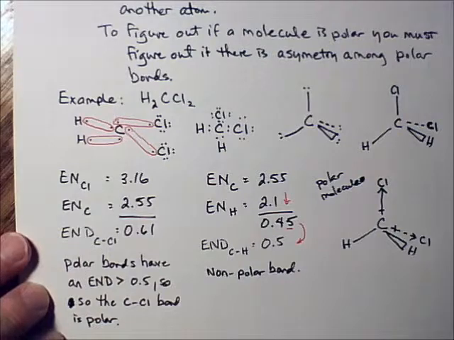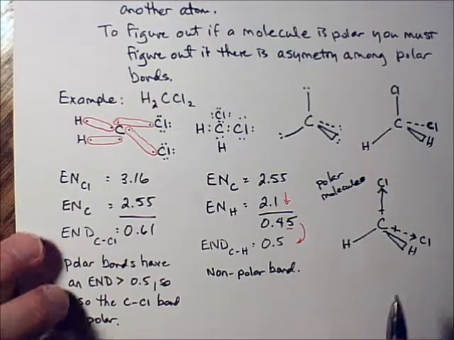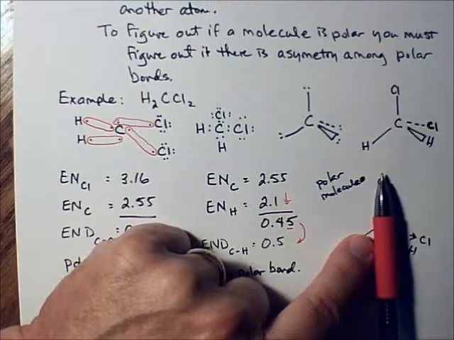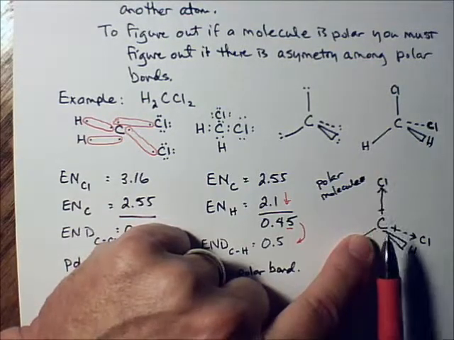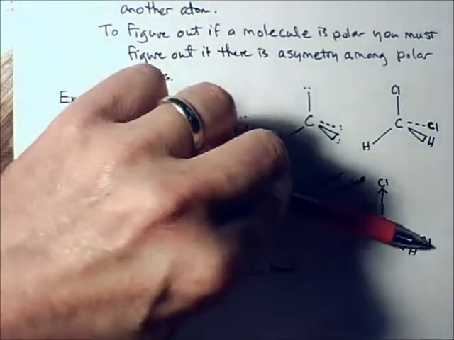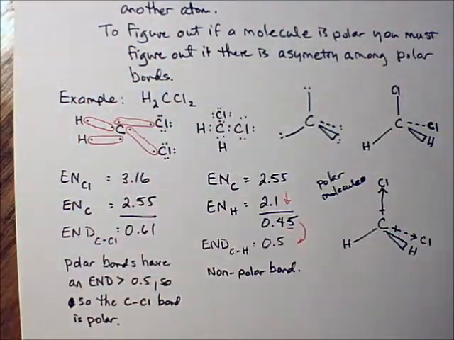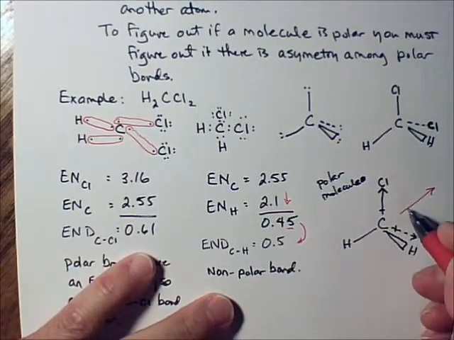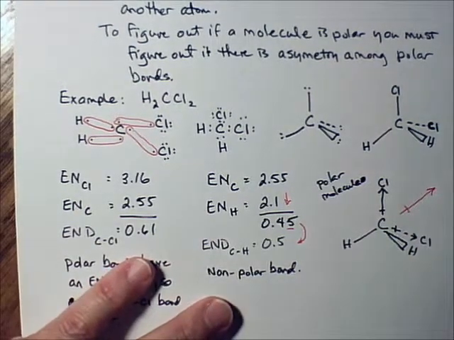Okay. All right? All right, so because I have the polarity that's going in this direction, where the electrons are being pulled more strongly toward the chlorine here and more strongly toward the chlorine here, the combination of all that means that our dipole moment for the whole molecule goes in that direction.